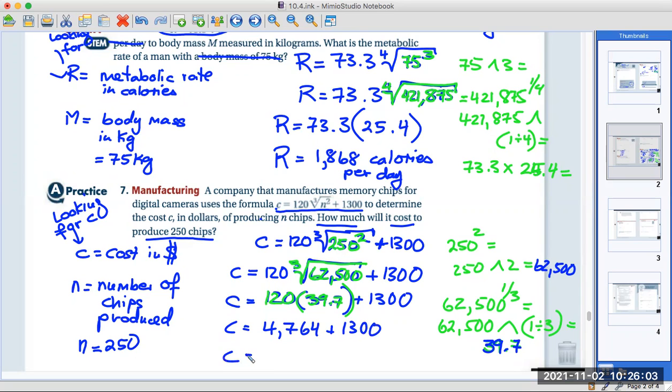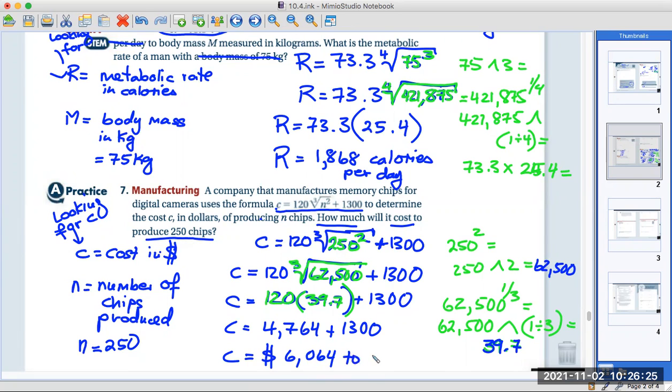And then you add those two together. And my total cost, and I put a dollar sign because it's cost in dollars, is $6,064. And the question was, how much will it cost to produce 250 chips?